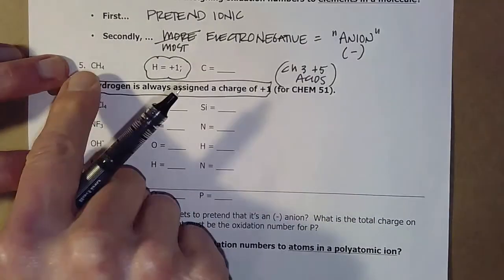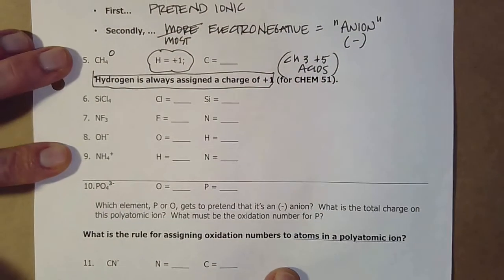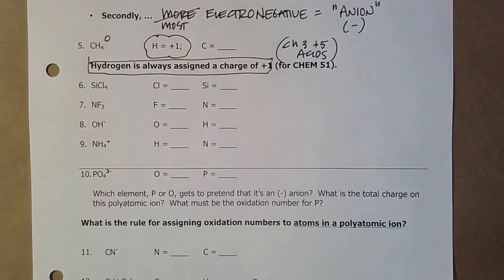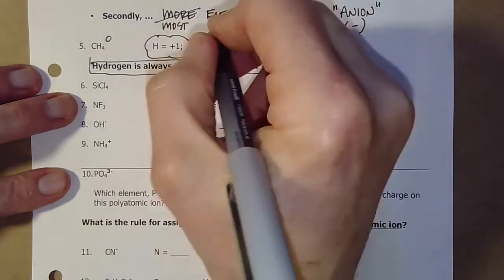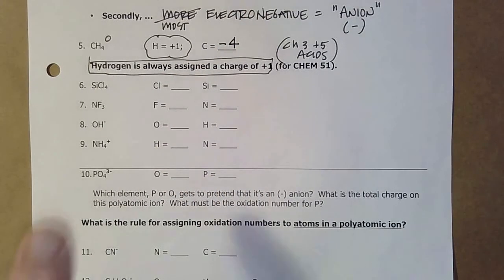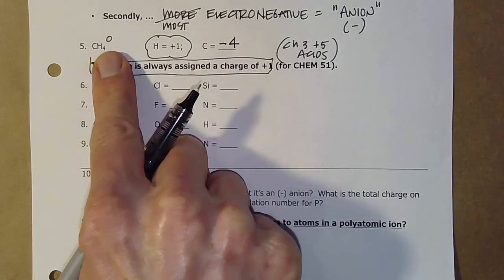Now, if that's an ionic compound, the total charge is 0. What does carbon have to be to make that 0? So you might want to stop the video for a second and think, oh, wait, if hydrogen's +1 and there are 4 of them, what would carbon have to be? Well, you might spend a couple of minutes scratching your head about that. Carbon must be -4 to make that work. 4 times +1 is +4. -4 gives me totals of 0.